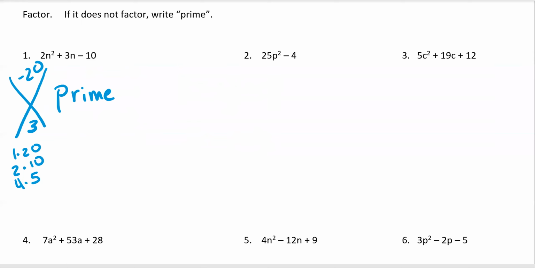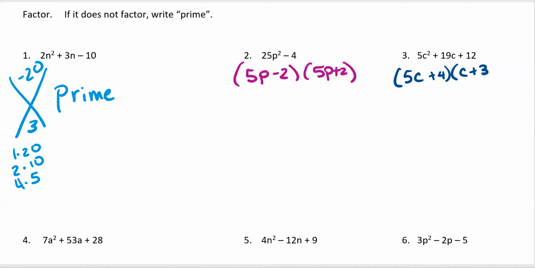Number 2 is a difference of perfect squares. Number 3, you can factor AC method or you can use slide and divide. But the answer is 5C plus 4 and C plus 3.